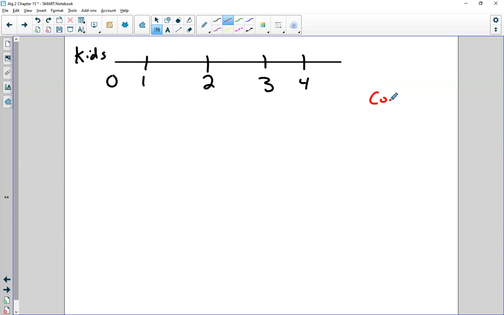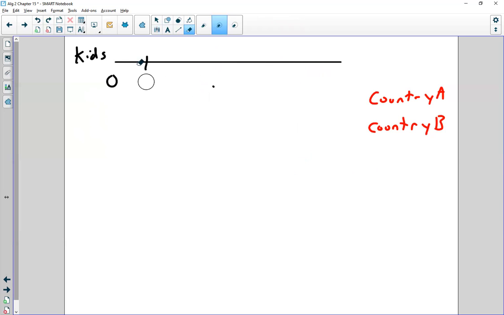Let's say this country A, country B. Kids doesn't make sense. I have to change it because you can't have a decimal of a kid. Income. What's the income? Thousands.